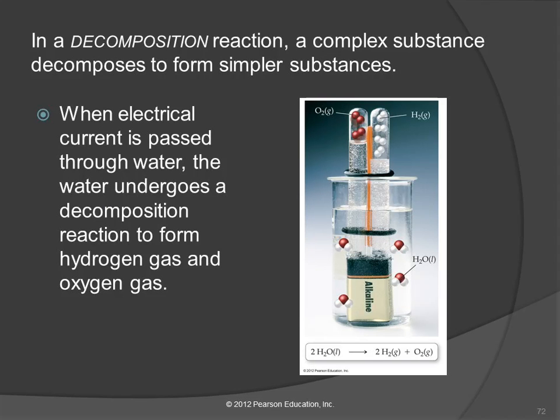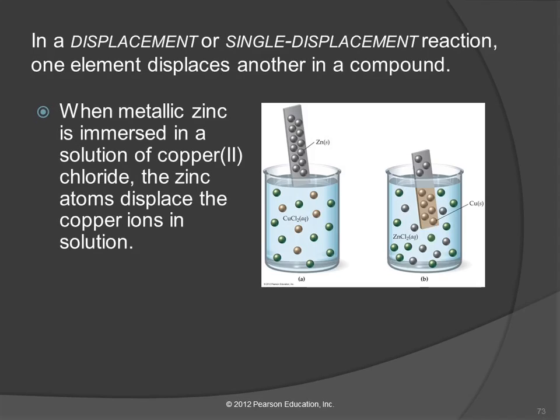A decomposition reaction, you could try this at home. Drop a 9-volt battery into a cup of water. You'll see bubbles forming. We've got water, one reactant, decomposing, coming apart. It's a decomposition reaction. Here's a displacement, sometimes called a single displacement.